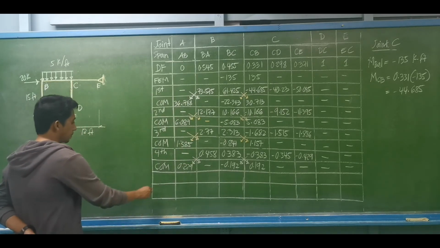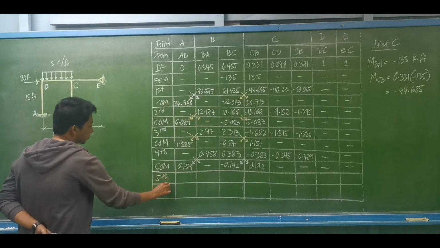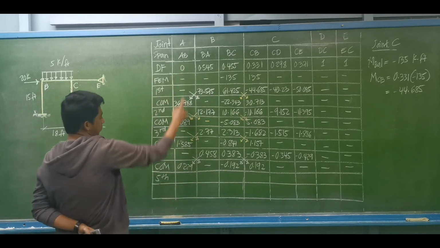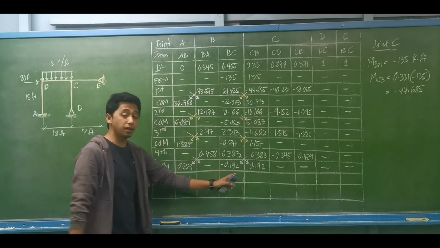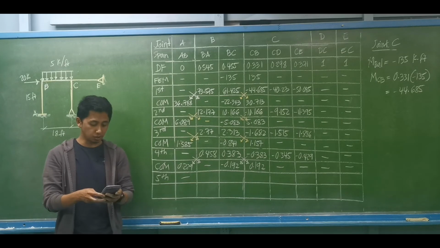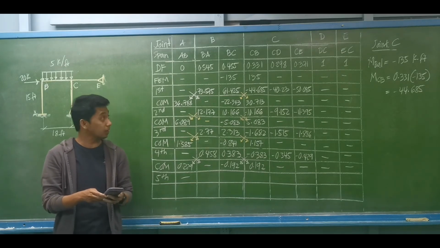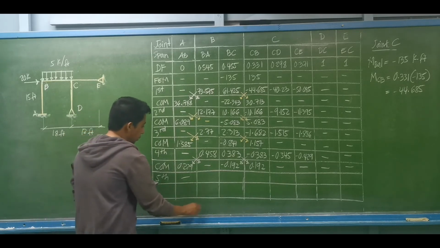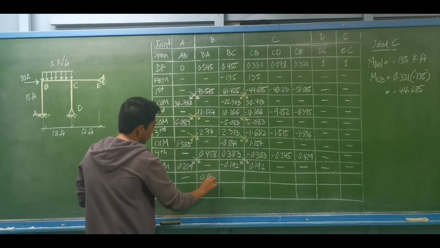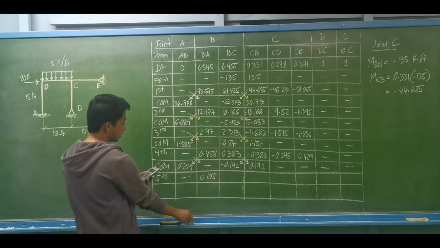And then we have our last distribution, the fifth distribution. So we have 0 times this moment is 0. Negative 0.192, how to balance that? Use the opposite sign. 0.192 times 0.545, positive, is 0.105. Alright?